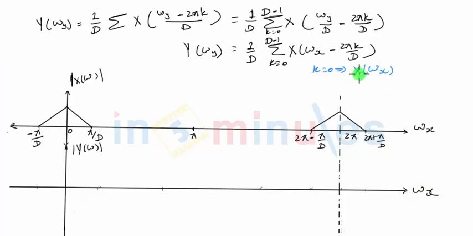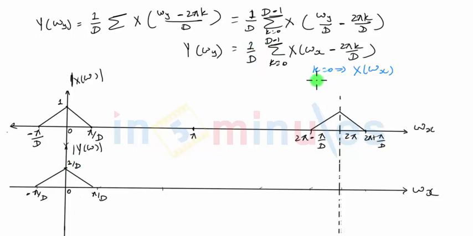I have to show the original X of omega x as it is, the original spectrum present around 0 from minus pi by d to plus pi by d. Obviously the magnitude will be reduced: if this is 1, it will get reduced by d.